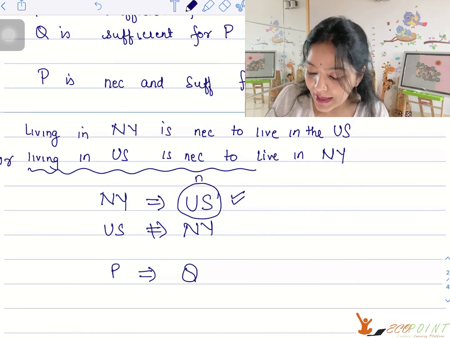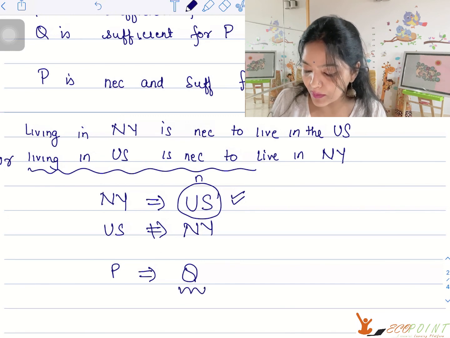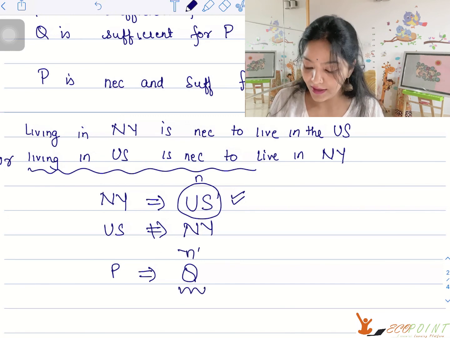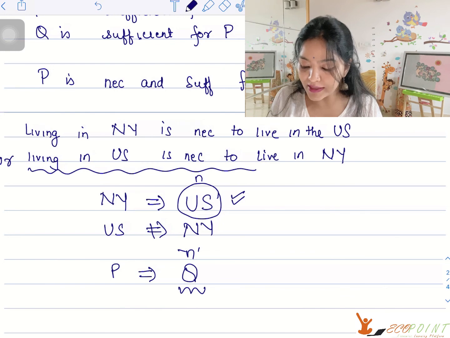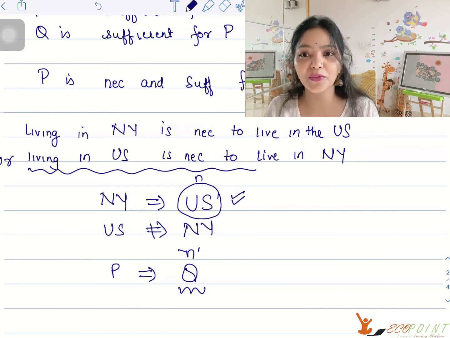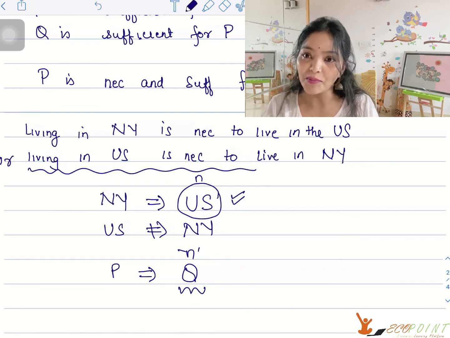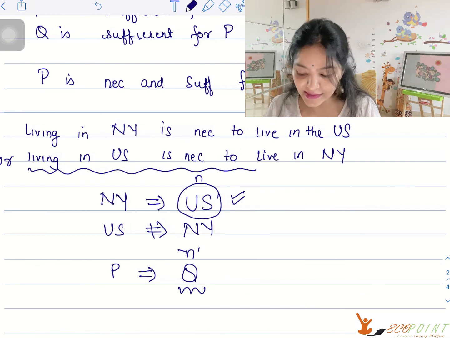So for any implication, P implies Q. Logically, Q is the necessary part of the implication, whereas P becomes the sufficient part. You can feel it yourself in this example.